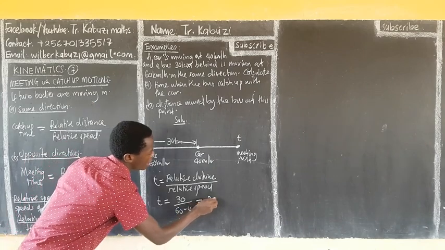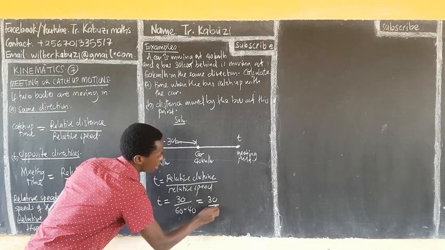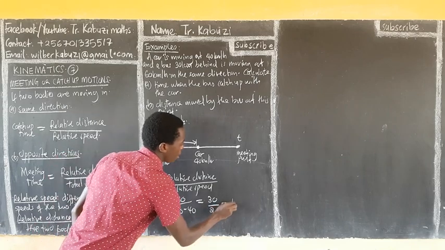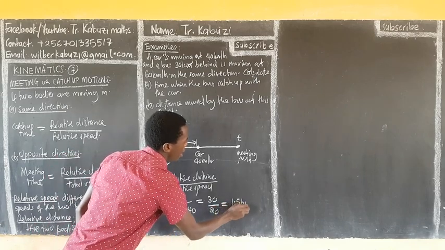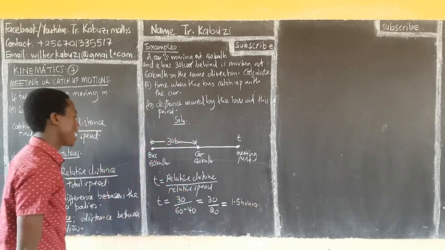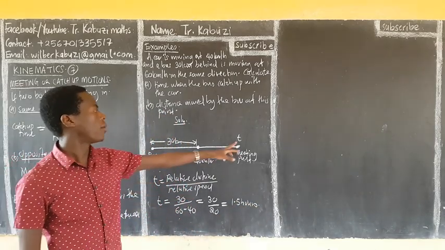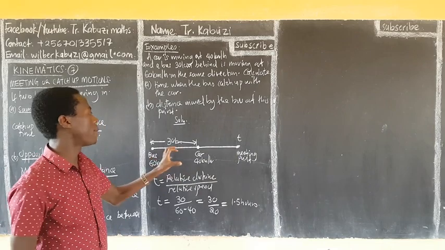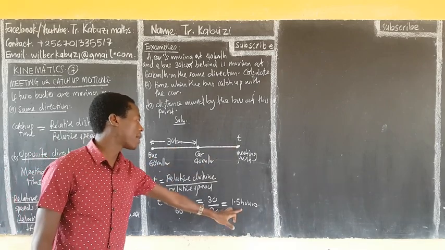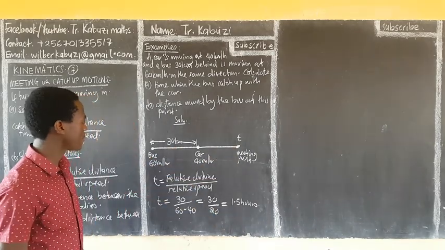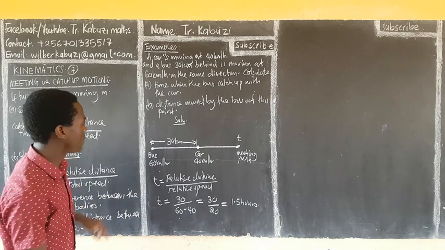That is 30 over 20, which is 1.5 hours. That's the time when they will meet, and this is part A.